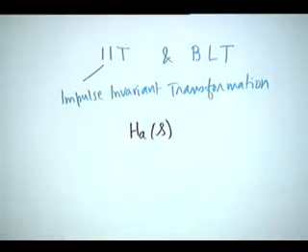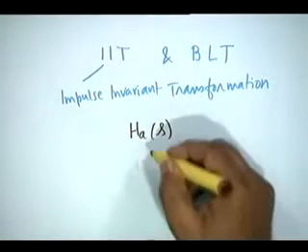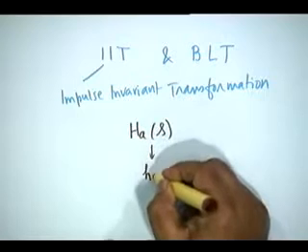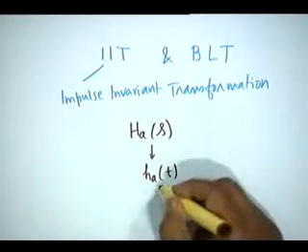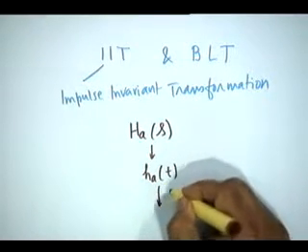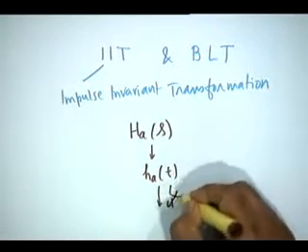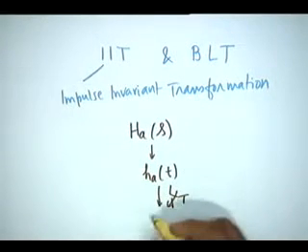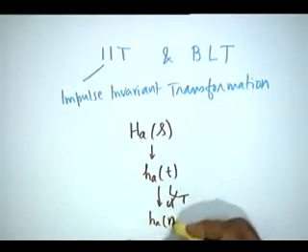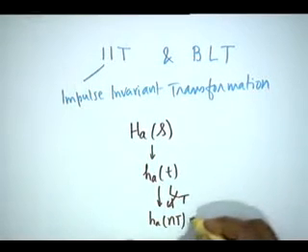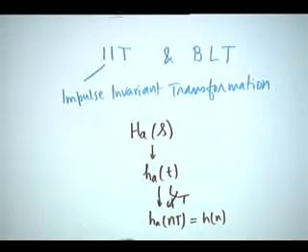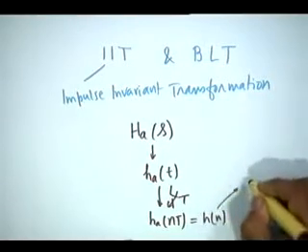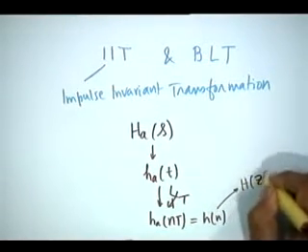Obtain its impulse response, small h_a(t), and then sample it, that is, obtain h_a(nT), and call this h(n). Do you see how simple it is? From h(n), take the z transform, and obtain your H(z).